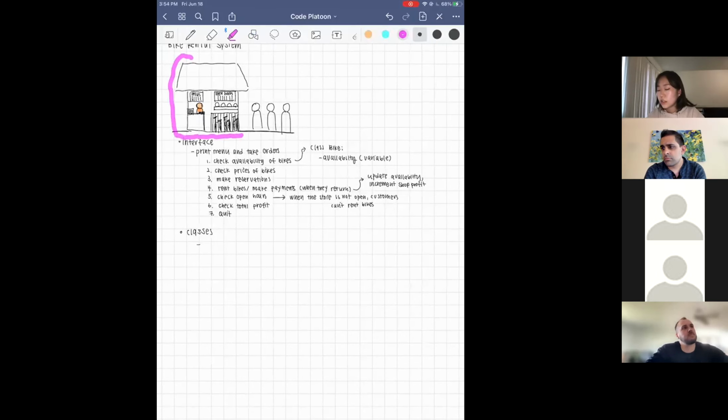And one thing to note here is that when the customers are using the interface, but we don't need to store any information about the customer, then we don't necessarily have to have a customer class. But since we do need to make reservations and store their name or their phone number, it's necessary that we have a customer class. So we'll have the customer class.